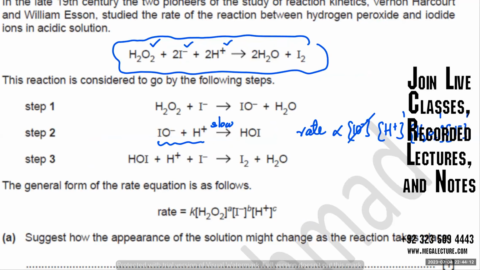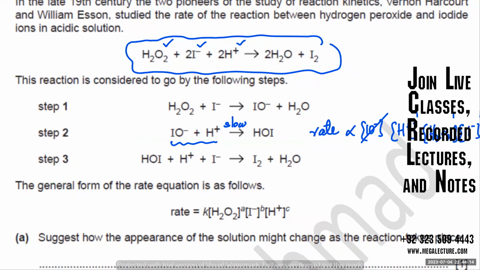Yeah, that's good. So try doing the other one, where the last one is the slow step. Is it H plus squared, I minus, IO minus?